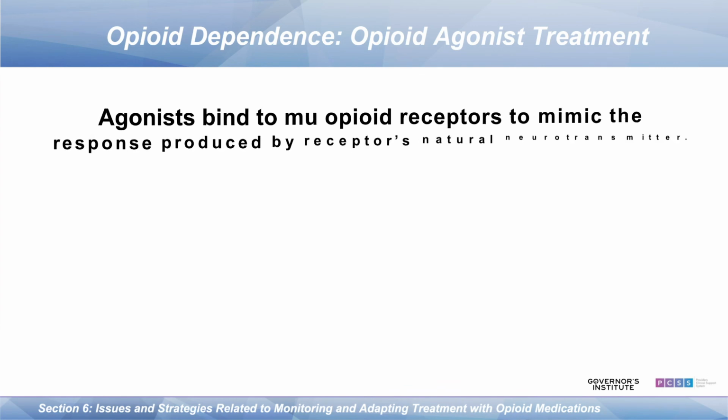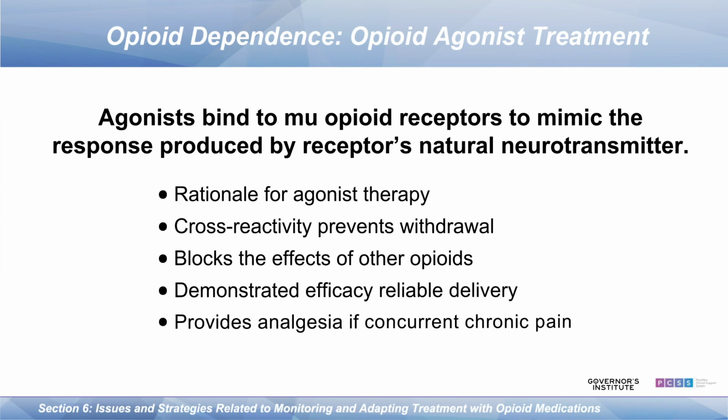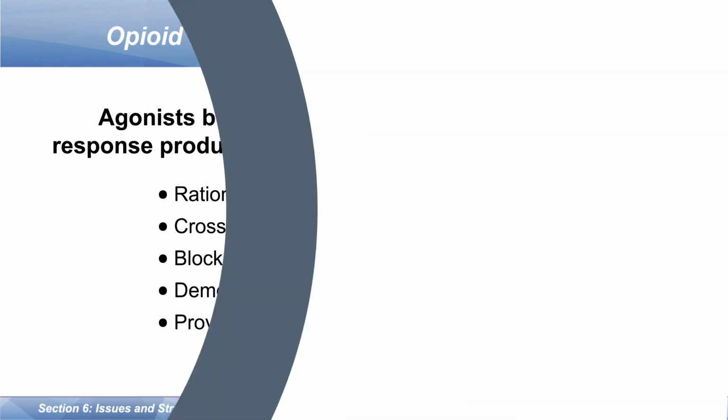Agonists activate a particular receptor, in this case the mu-opioid receptor, and mimic the normal response that's produced by that receptor's natural neurotransmitter. Substitution or agonist therapy takes advantage of this cross-reactivity by substituting a less euphorogenic, less abusable, generally longer-acting medication for the short-acting opioid that the individual has been abusing.